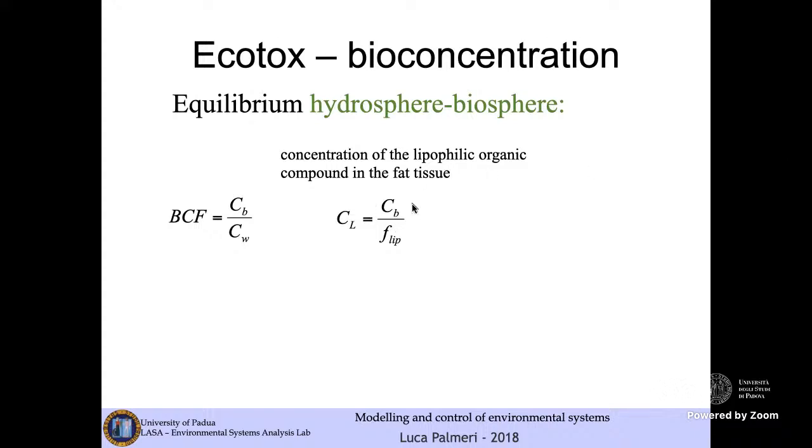So we write that the concentration in the biota is equal to the concentration in the lipid times the fraction of the lipid in the biota. So this is a number describing how much lipid there is in the biota. And this is the concentration you may expect to find in the lipid phase.